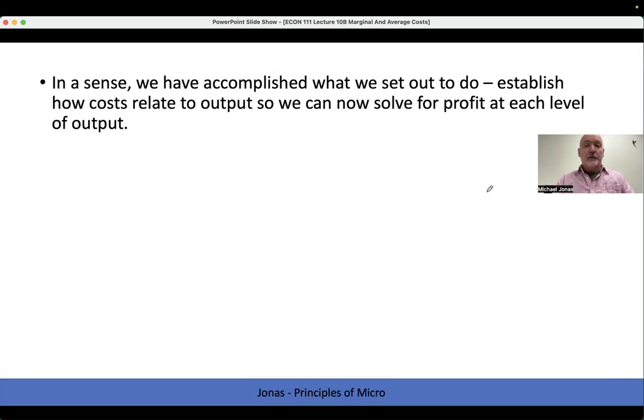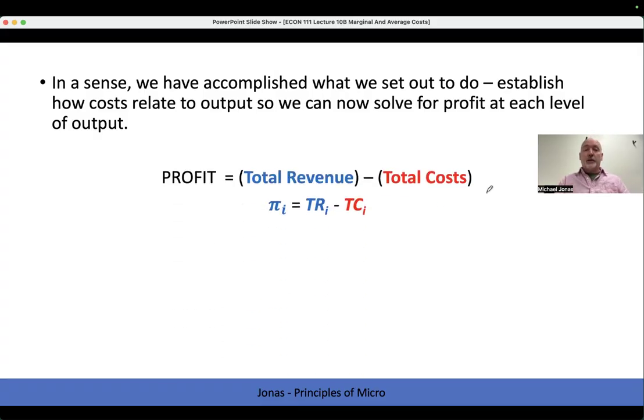To do that, we had to find the cost structure. How much would it cost us to produce any given level of output? We subtract that off of our total revenue, and that gives us our level of profit. We're going to circle back to this, with the understanding that we have a pretty good idea of what's happening on the revenue side.